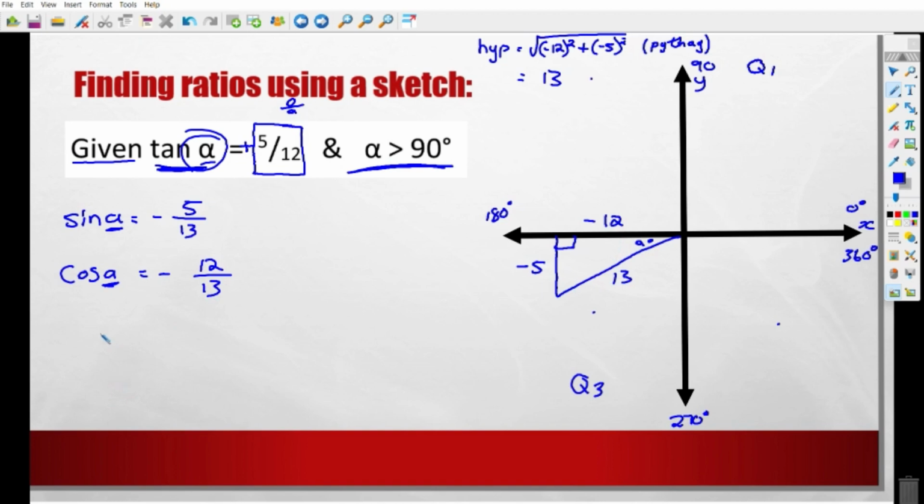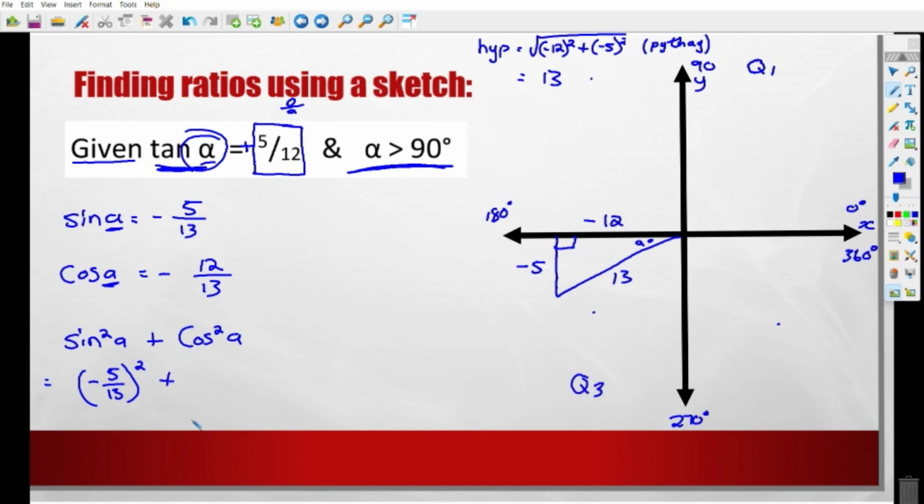Now if I say go find sine squared of A plus cos squared of A, how would you do that? Firstly, I know sine of A is negative 5 over 13, but it's squared, so I'm just going to square it.